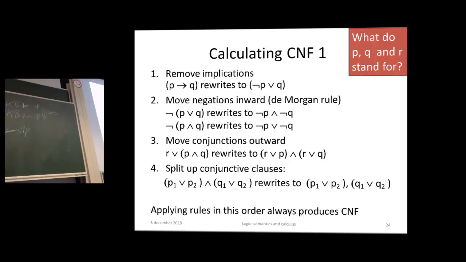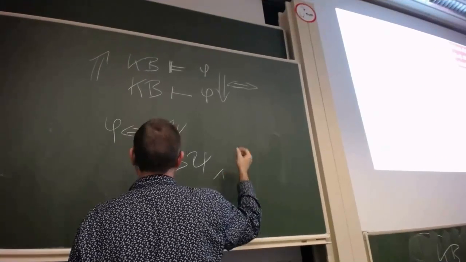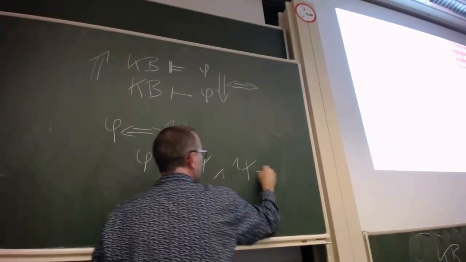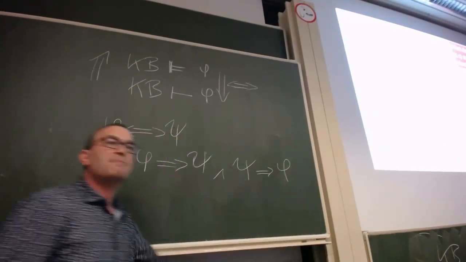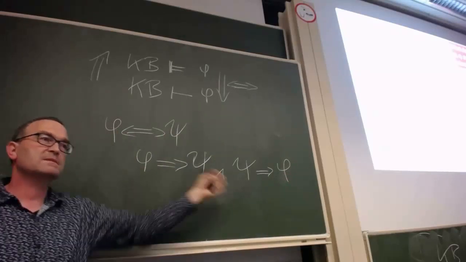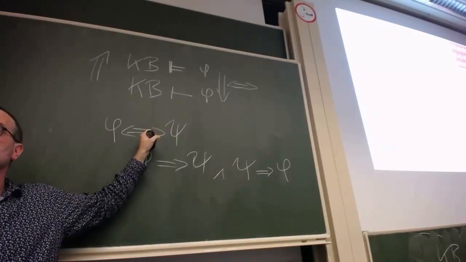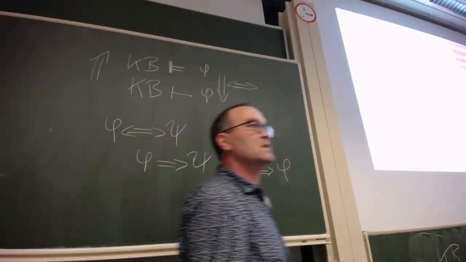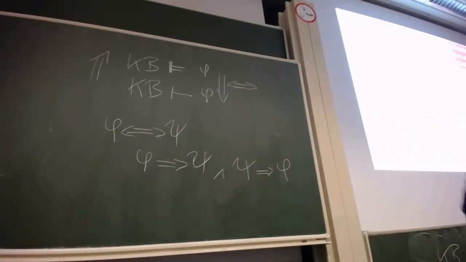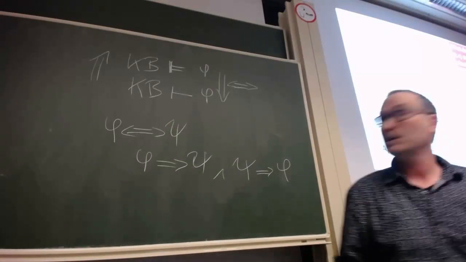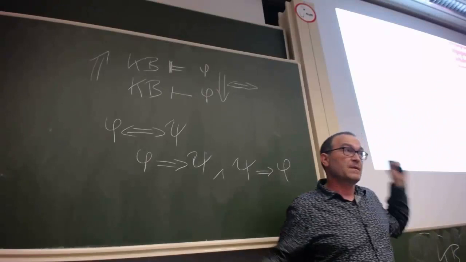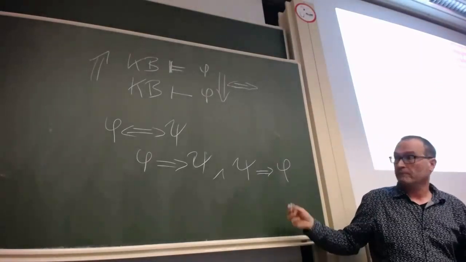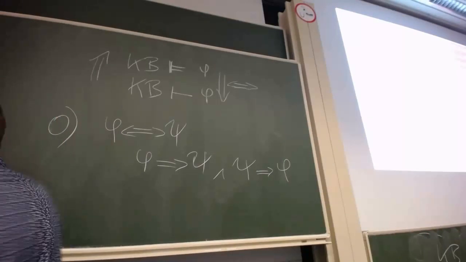If you find a formula like this, you just delete it and you add phi implies psi and psi implies phi. Remember that when I introduced the semantics of equivalence, it is a bidirectional implication. So two things are the same if one of them implies the other and the other implies the first. Is that the first step? Yes, it's the first step. Let's call it step number 0, and then we are complete.